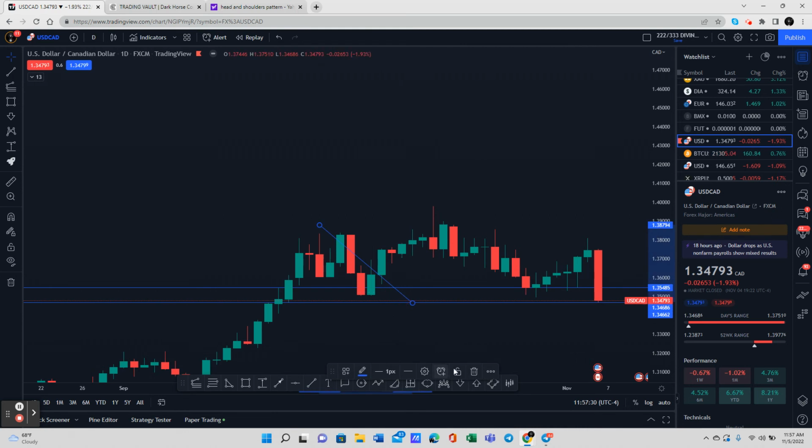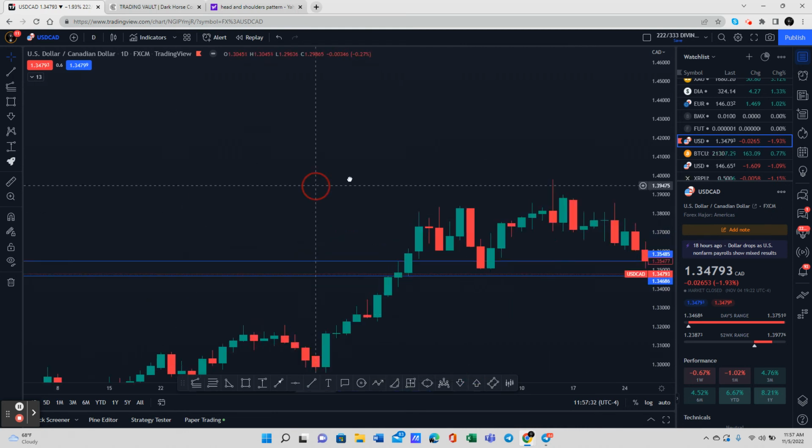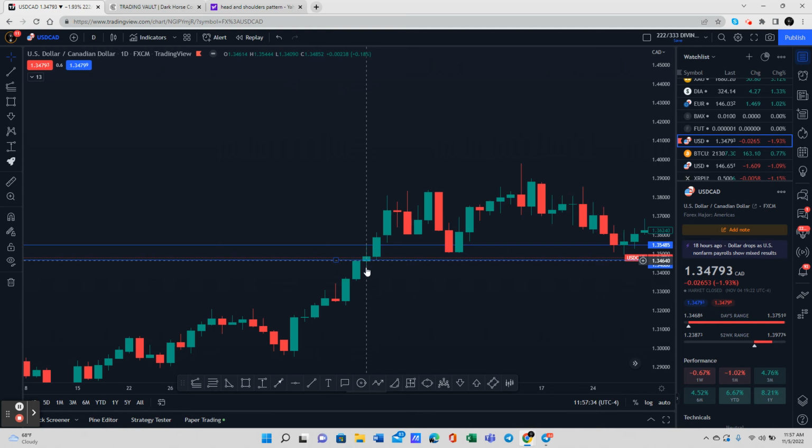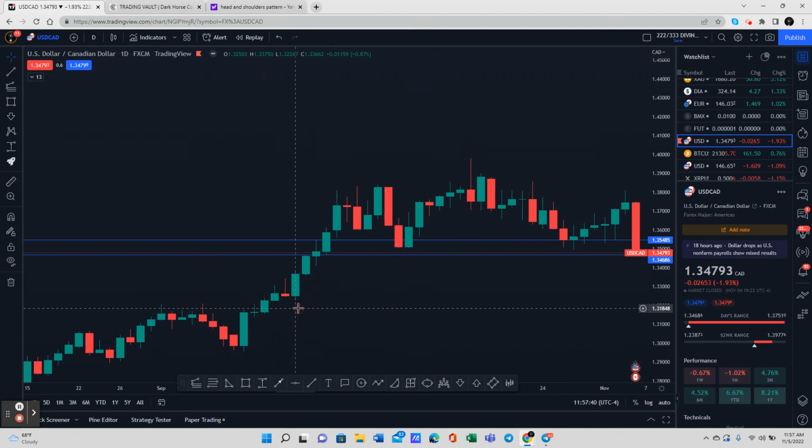So I like to find the origin based off of something like this that's close to the actual flag portion when we're on this big of a time frame. And I go on a lower time frame and see if we can find something as well. But let's look at this. We take it from here, basically here, and that's the flag.